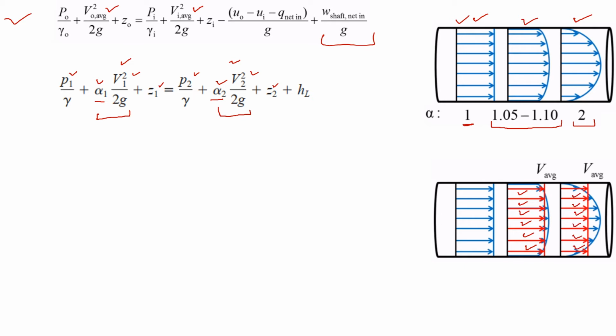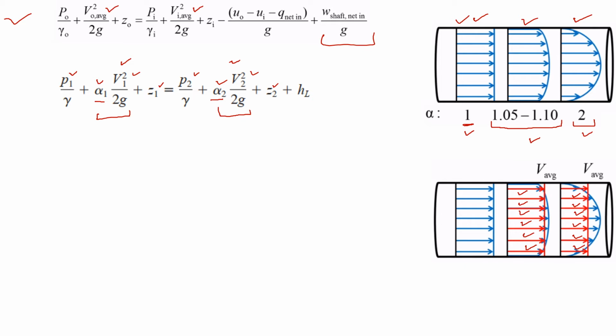So that's why normally we don't take the alpha term in the equation, but whenever we are considering the velocity profiles and taking into account the change in the velocity profile, then we multiply the alpha term, that is the kinetic energy correction factor, and these are the values for different velocity flow profiles.